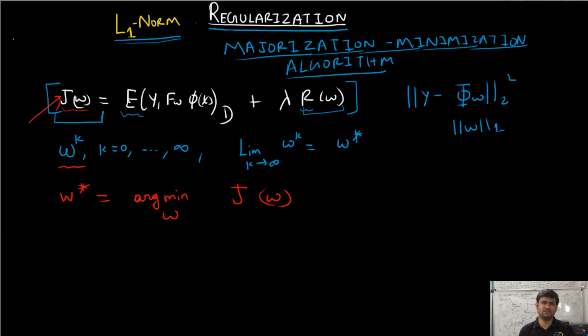As in any iterative algorithm, for example gradient descent, we generate a sequence of vectors at every iteration. Likewise, in the majorization minimization algorithm, we generate a sequence of vectors w_k, where in the limit k tending to infinity, w_k approaches the optimal solution w star that minimizes the original loss function.